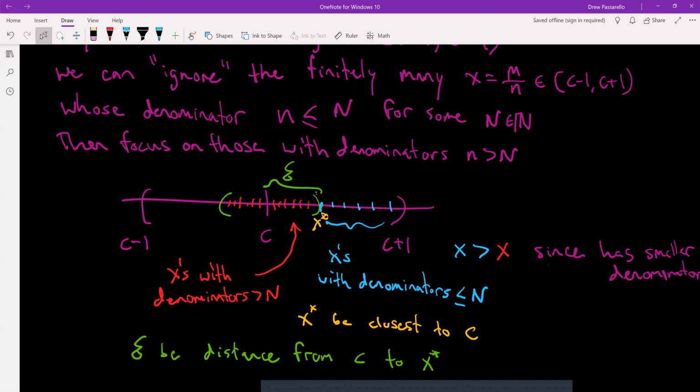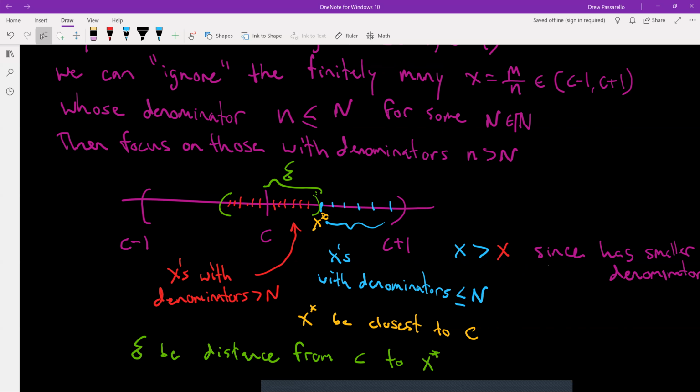So they are farther along either to the right of c or to the left of c than those with the smaller denominators, since those would be closer to c. So the blue dash marks are the x's with denominators less than or equal to capital N.